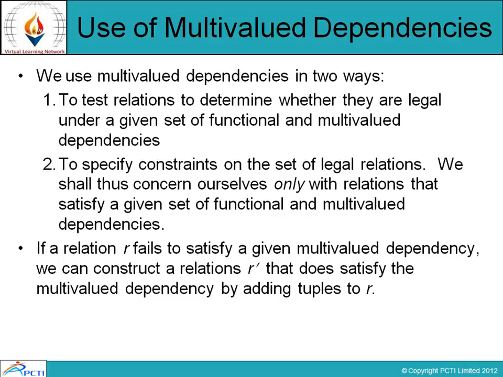One, to test relations to determine whether they are legal under a given set of functional and multi-value dependencies. The second is to specify constraints on the set of legal relations. We shall thus concern ourselves only with relations that satisfy a given set of functional and multi-value dependencies.